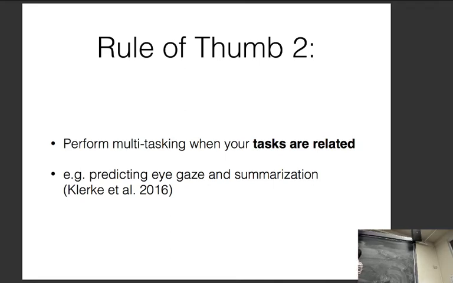So they put eye trackers on people, and they had them read text, and they trained an LSTM to both do summarization and predict where people were looking. And it actually works really well in just straight up multitask learning, where you try to predict both at the same time. So I thought this was a very creative way of coming up with tasks that were related.